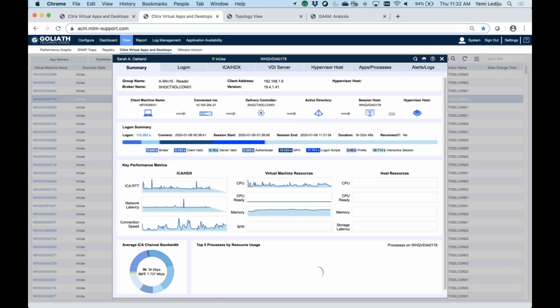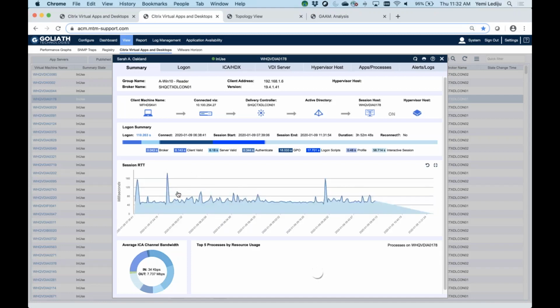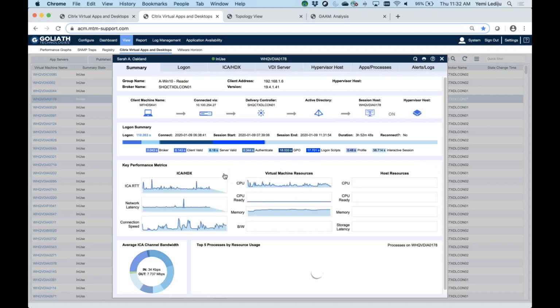So they flipped over to the key performance metrics section, and here they were able to identify and confirm, by looking at the round trip time, that this user was having a good session up until about 3 p.m. They confirmed that because right about 3 p.m., the ICA round trip time spiked, and they were able to see, okay, there are some issues here.